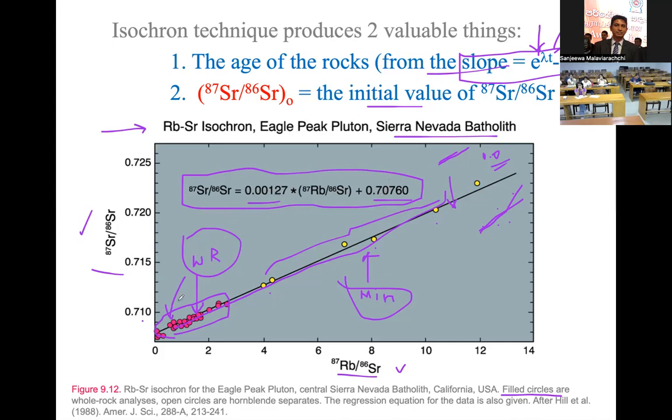So once you plot this, you get these two numbers easily, and you can put these numbers into the equation. You can use this gradient and equate it with this term e^(λt) minus 1, and then calculate t, because lambda is known, right? You can do that.